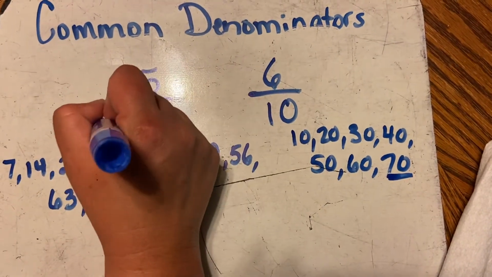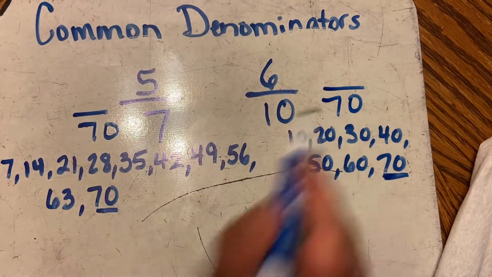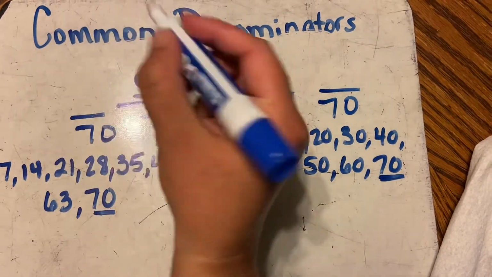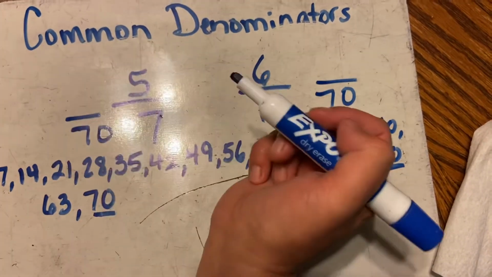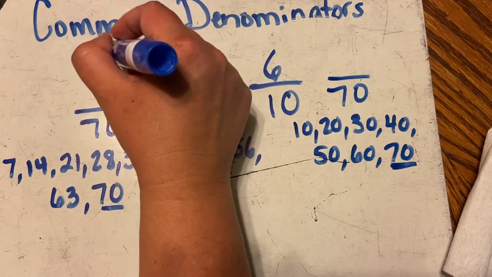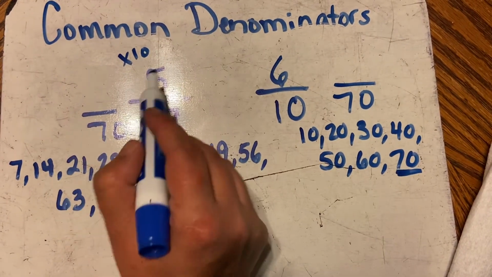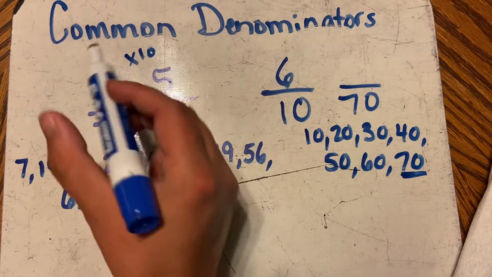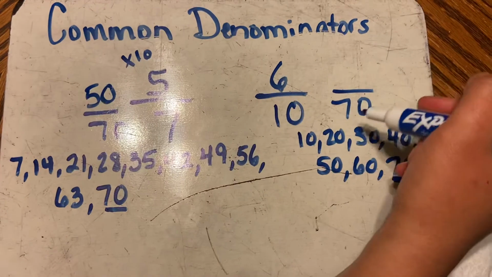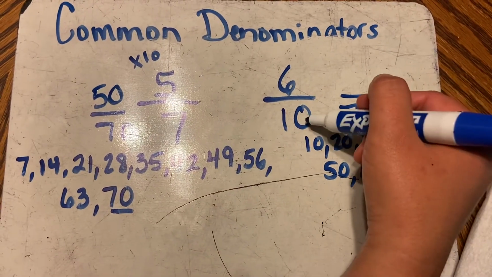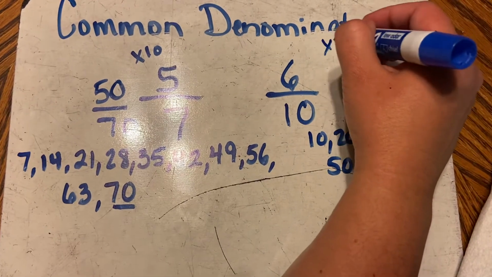So I'm going to have to turn each of these into an equivalent fraction that has 70 as the denominator. Ooh, that's crazy, isn't it? All right, so what did we have to multiply 7 by to get 70? Times 10, right? So if I do 7 times 10 to get 70, I have to do 5 times 10 to get 50. Over here, what did I have to multiply 10 by to get 70? 7.